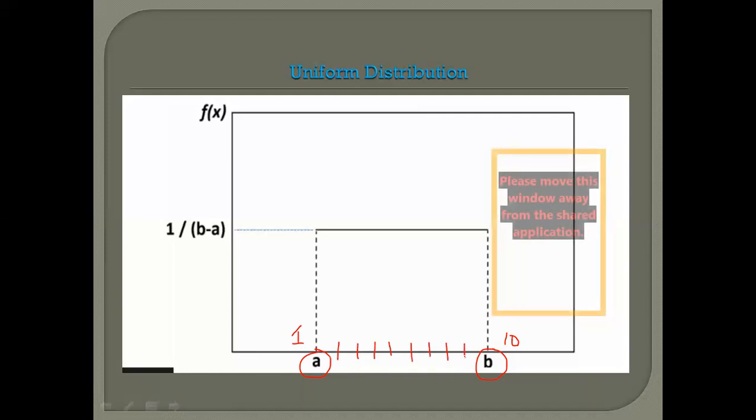Now you can see the probability of each outcome is the same. So this is representing probability, and the probability of this outcome, or this outcome, or any of the outcomes is the same. It does not change.